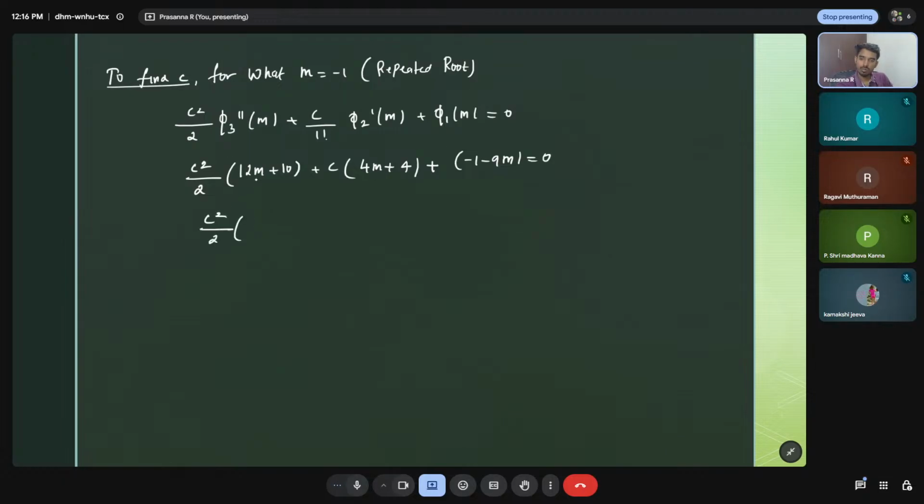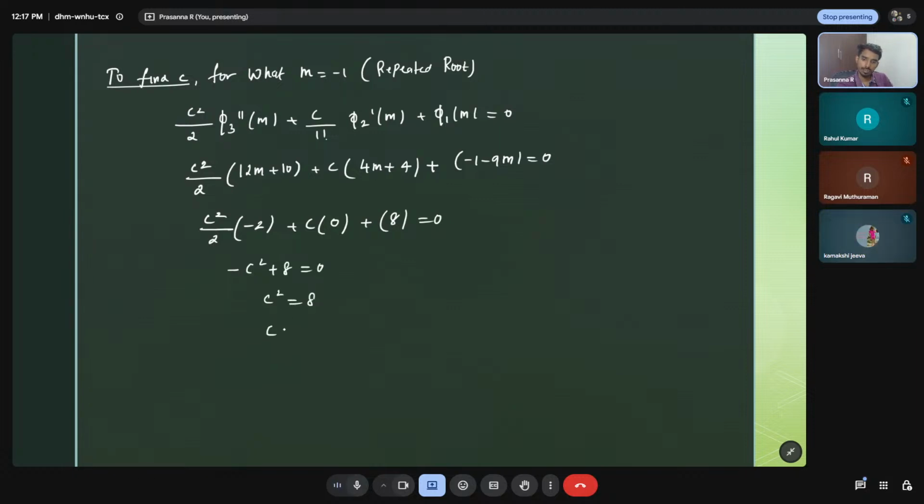So if m is minus 1, this will be minus 2, and this will be 0, and it will be 8. So minus c square plus 8 is 0. So c square is 8. So c is plus or minus 2 root 2, right? Root of 8. So that means the other oblique asymptotes are y is equal to mx plus c.